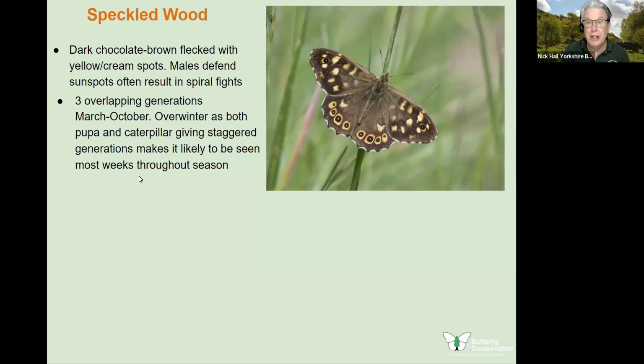So you get this kind of double peak in each generation. It gets more and more blurred as you go through the year. And the result is you can see speckled wood, I would say, every week throughout our season. There'll be dips, but you can see them throughout the season.